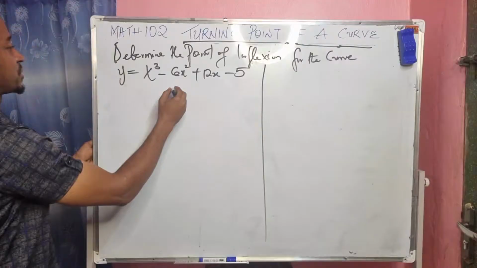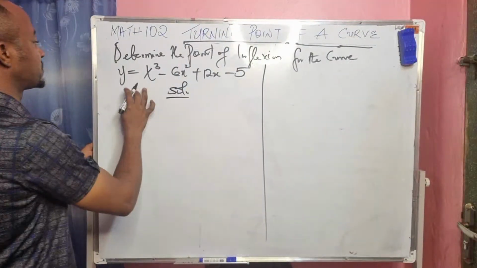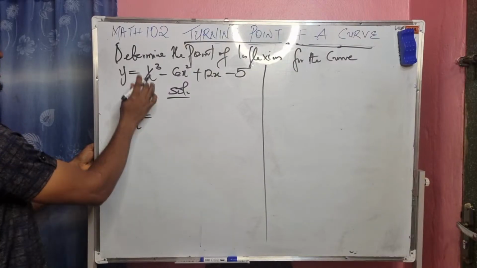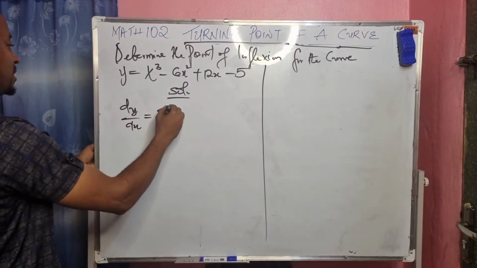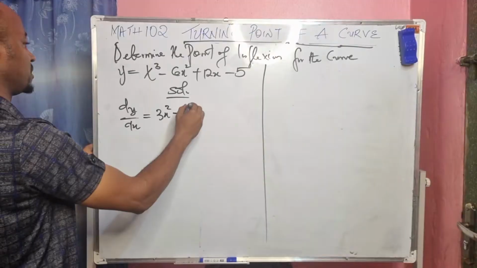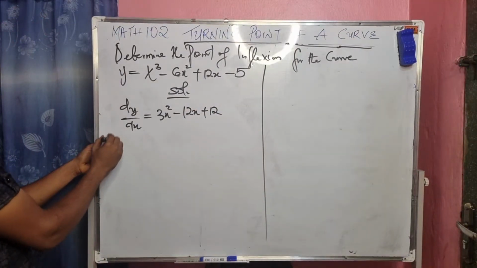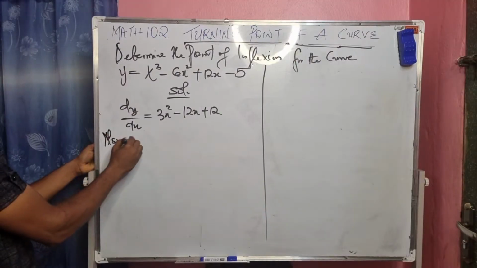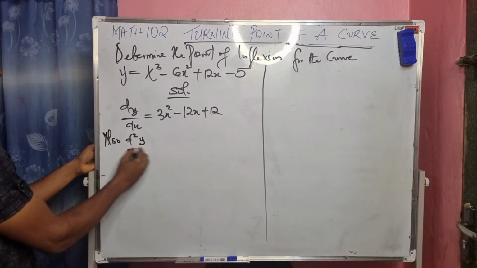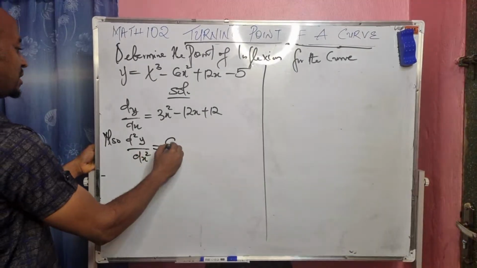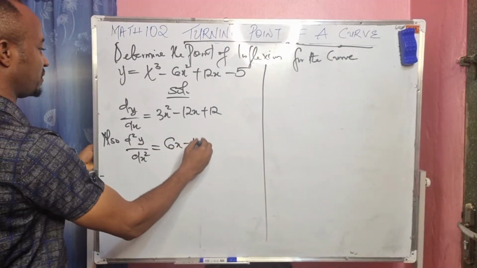Okay, anyone yet? So, solution to this. Let's find the first derivative, dy/dx. dy/dx will give us 3x squared minus 12x plus 12, right? Next, we find the second derivative, d2y/dx squared, and that will give us 6x minus 12.